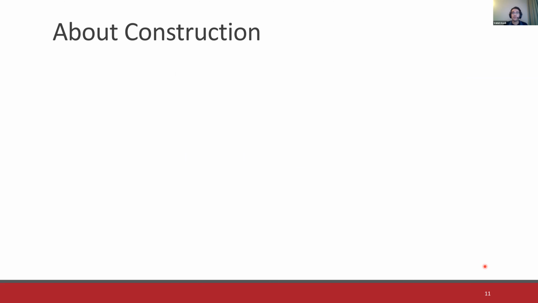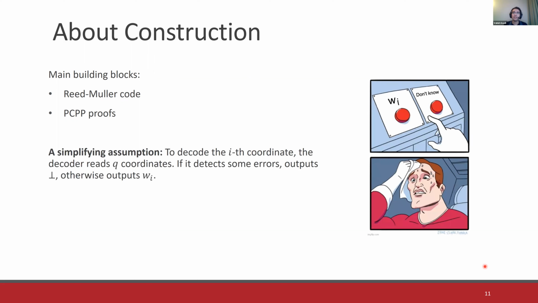The construction basically has two main building blocks. One of them is Reed-Muller codes, and the other one is some PCPP proofs that I'll discuss shortly in the future slides. And for now, let's make a simplifying assumption. Suppose you have a decoding algorithm and it wants to decode the i-th coordinate.